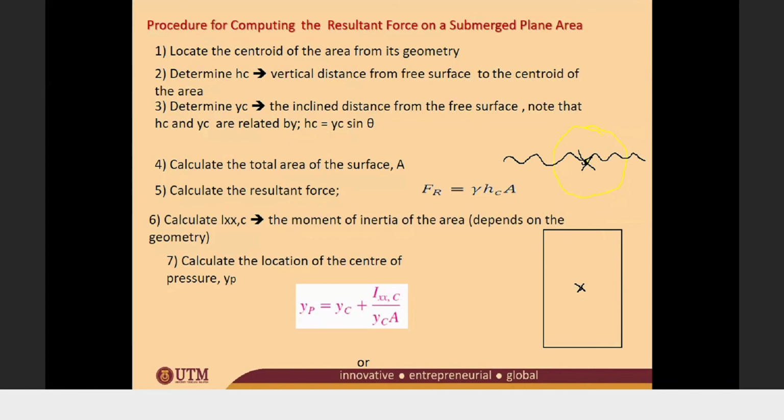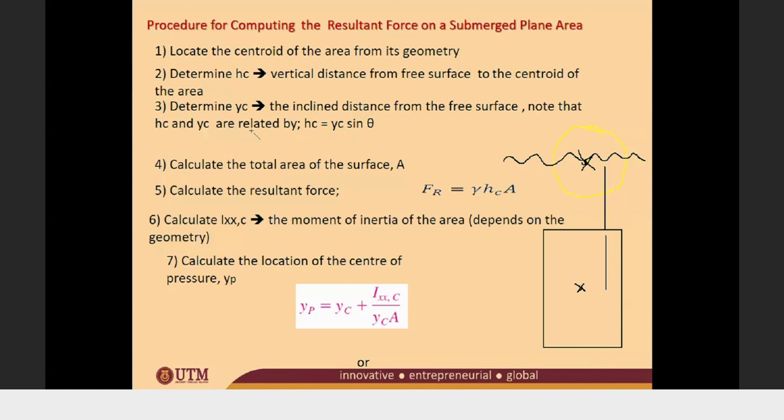HC is just the distance here plus the distance here, so that is the AC, right?